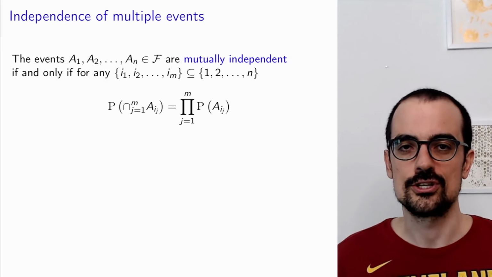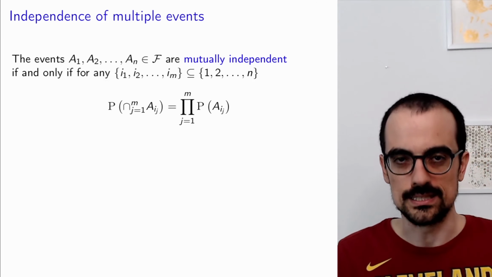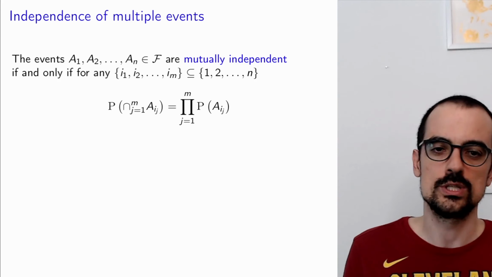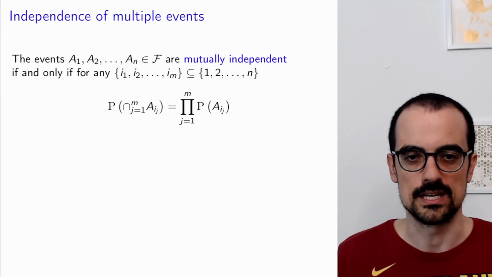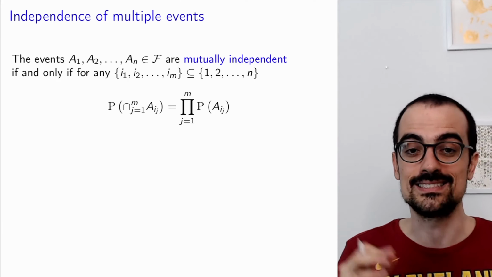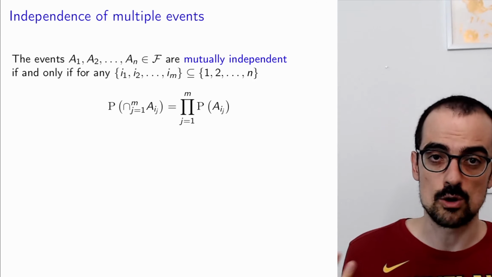In order to capture this, we say that N events are mutually independent if they are truly independent, which means that all of these conditional probabilities are the same as the probability of the event. And in order to guarantee that, we need a stronger condition than pairwise independence.